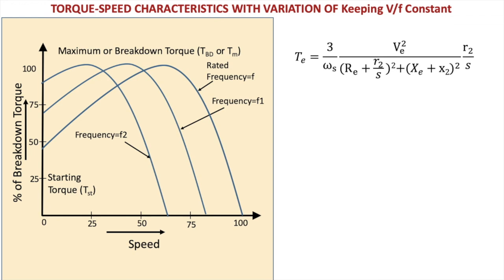That's the reason this is also known as constant flux operation, because V by F constant means we are keeping the flux constant and the maximum torque can also be kept constant. Slowly we increase the voltage and the frequency both, and the maximum torque can be achieved even at the starting of the motor. That is the most suitable speed control methodology normally used in industrial drives.